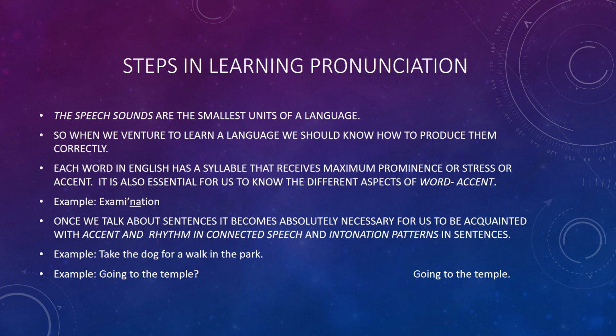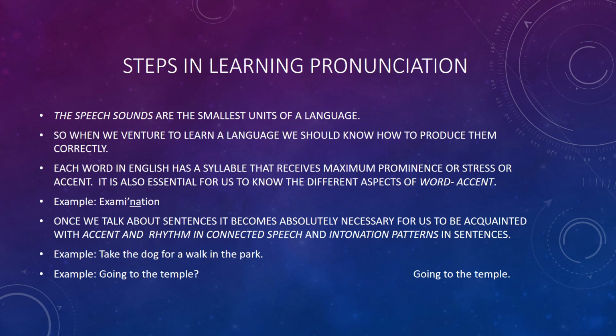Intonation is the way the pitch of a voice varies according to the meaning that we want to convey. If we take a look at the example sentence that is given here, going to the temple, going to the temple. If you're raising your voice, what does that mean? That it is a question.